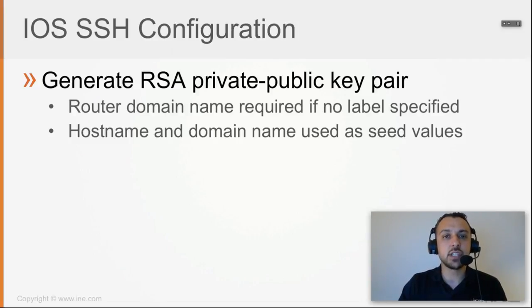But even in the IOS codes where it is required, it's only required if you don't specify a label, which means a name for the RSA private-public key pair. If you don't specify a label, the domain name is required because the RSA key pair name is going to be the hostname of the router.domain name. So that's why it's being required to begin with.